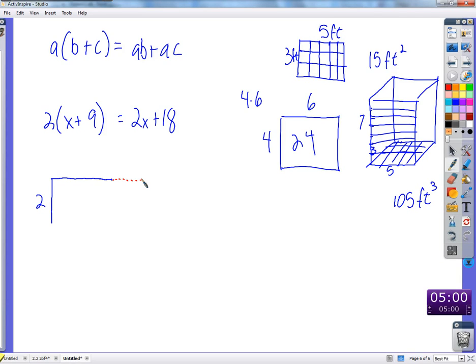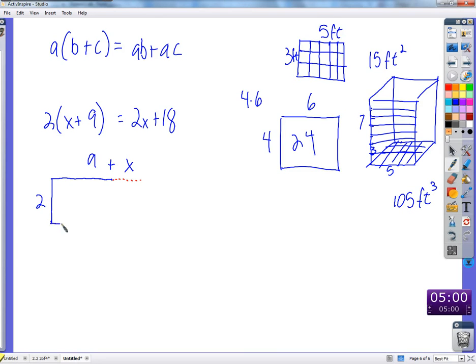So I made it a different color, I made it dotted to try and highlight the fact that it's this length that we can change. Whatever it is though, we're gonna add it to 9, and that's gonna be the length of that longer side. We all okay with that? Okay. So this side's 2. This side right here is 9 plus x.